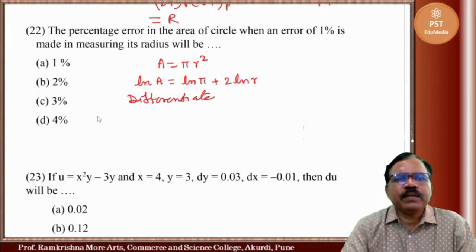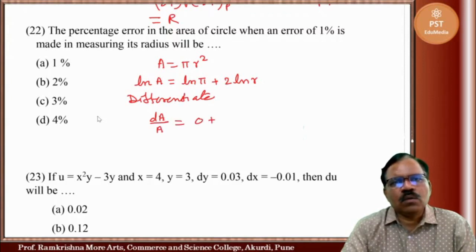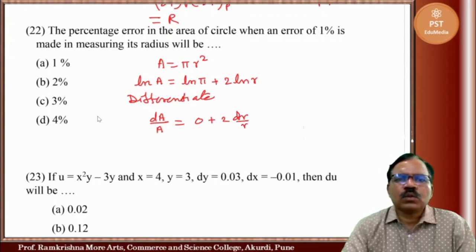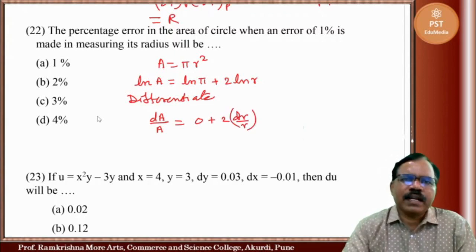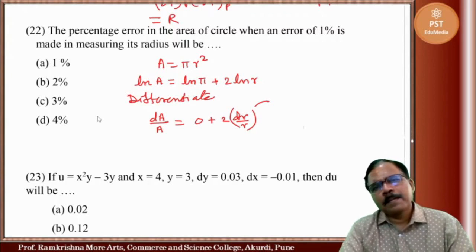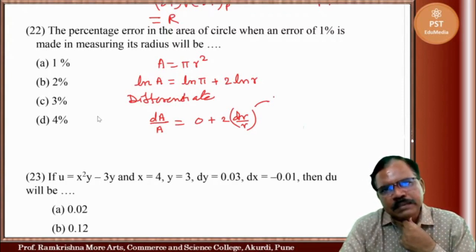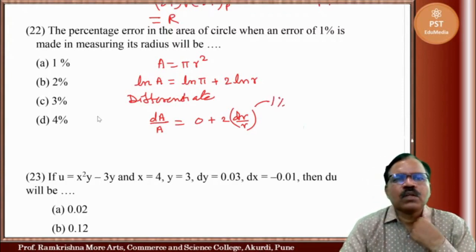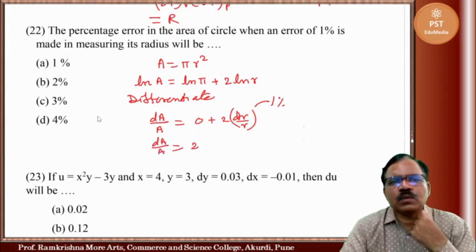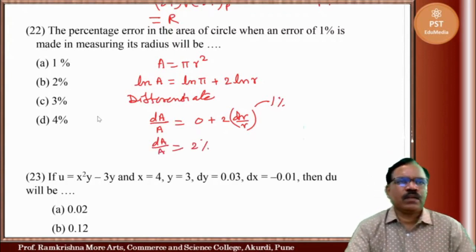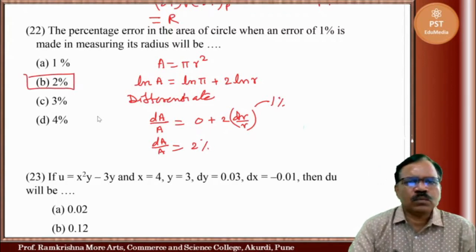We'll get dA/A = 0 + 2 dr/r. So dr/r we can take 1%. So what is dA/A? It comes out to be 2%.